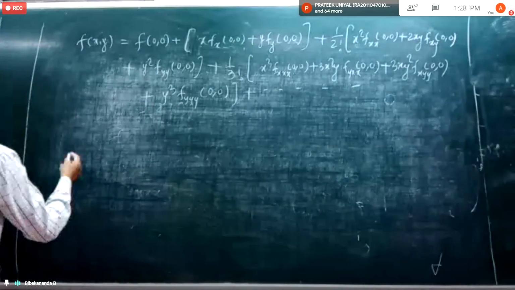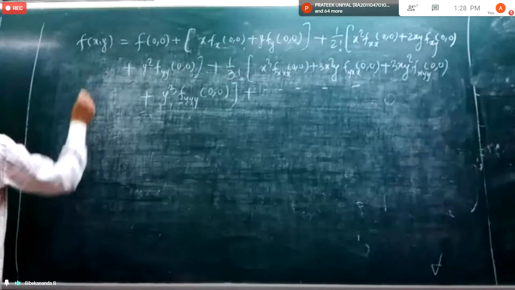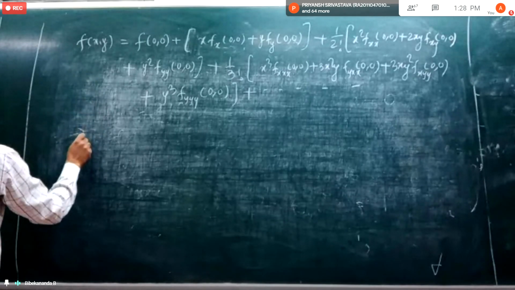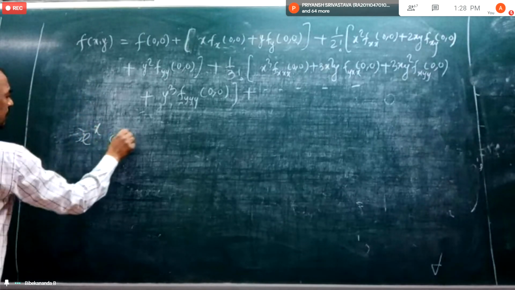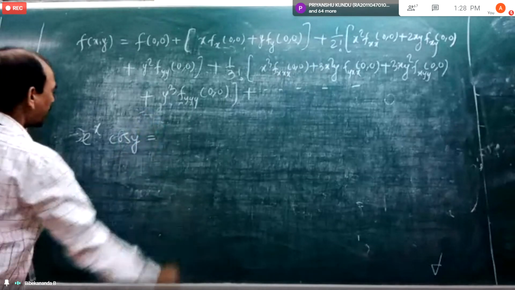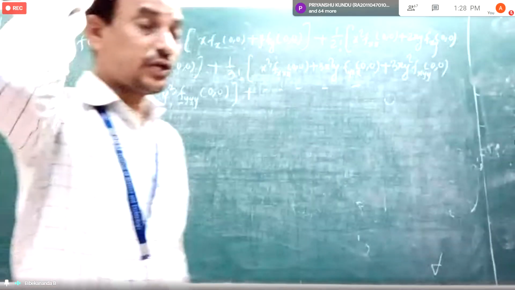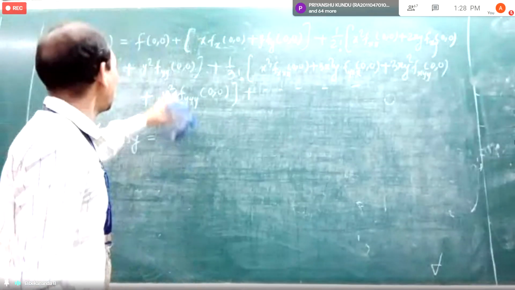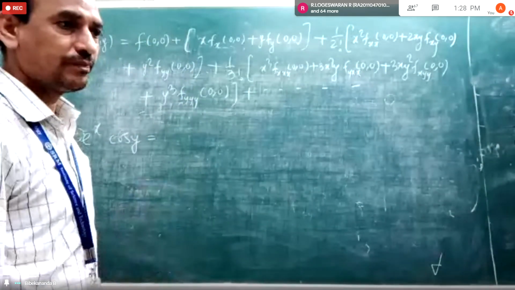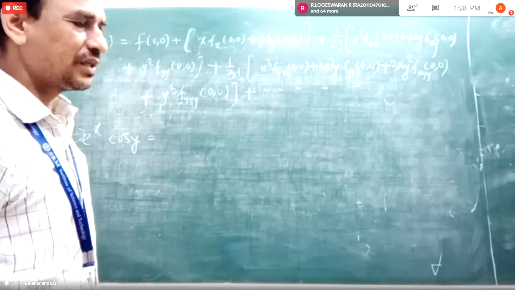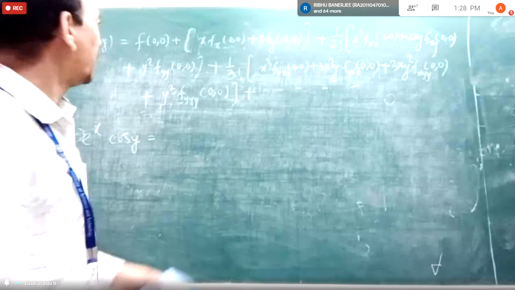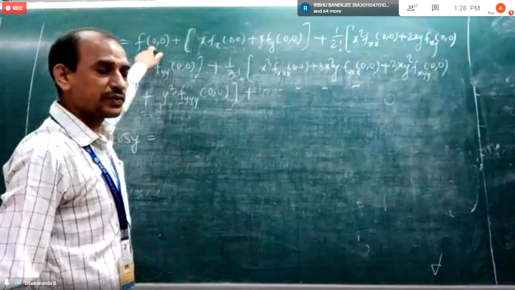So f of x, y is equal to e to the power x cos y. And what is the value of f at 0, 0? 1. We need to put this value: 1.